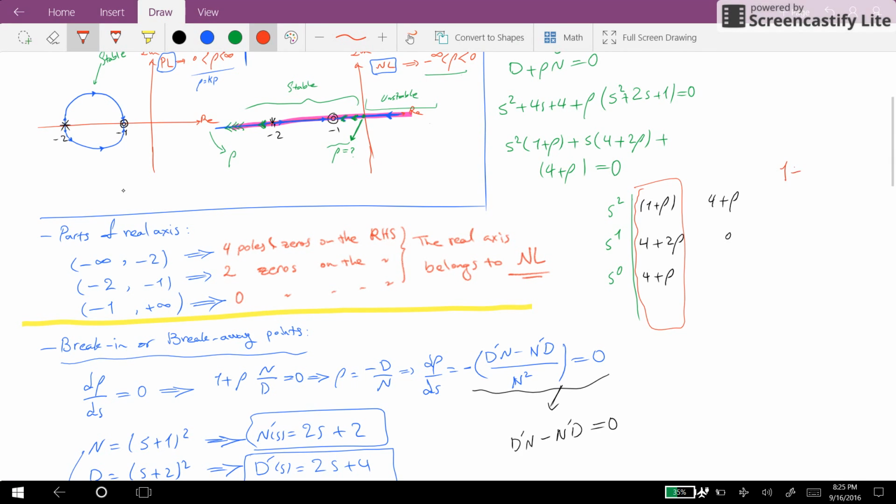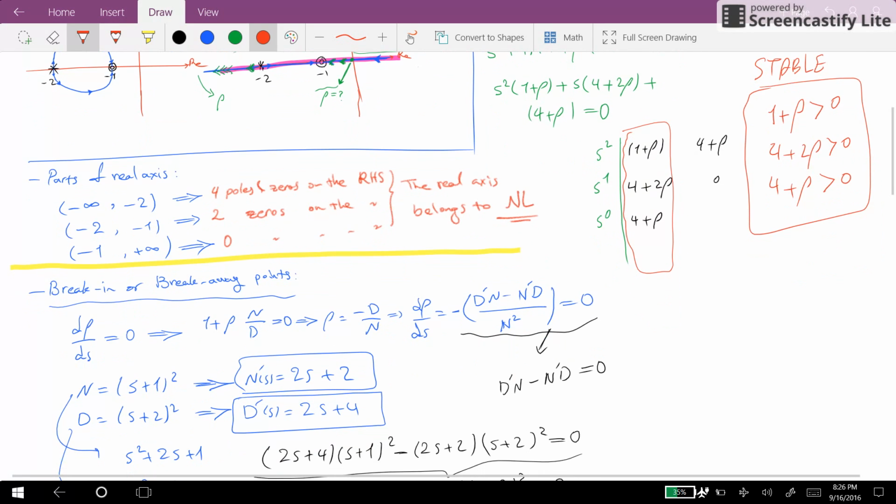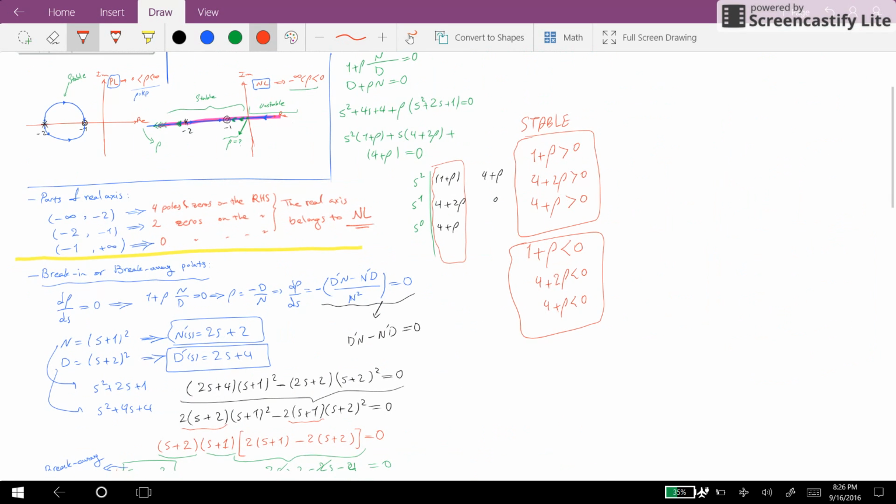If 1 plus rho is bigger than 0, 4 plus 2 rho is bigger than 0, and 4 plus rho is bigger than 0, our system will be stable. At the same time, all of them could be smaller than 0: 1 plus rho smaller than 0, 4 plus 2 rho smaller than 0, and 4 plus rho smaller than 0. Still, our system will be stable.